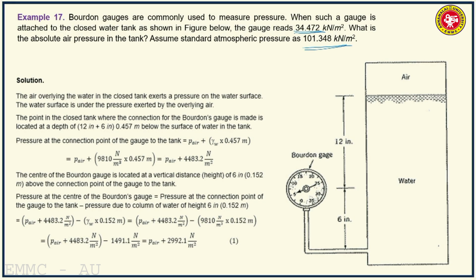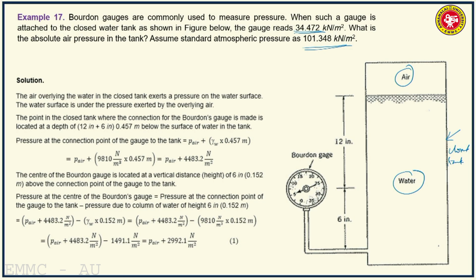Now you take the air overlying the water in the closed tank. This is the closed tank. So you have water column and the air overlying the water column. The water surface is under the pressure exerted by the overlying air. So water is subjected to the pressure exerted by the overlying air.